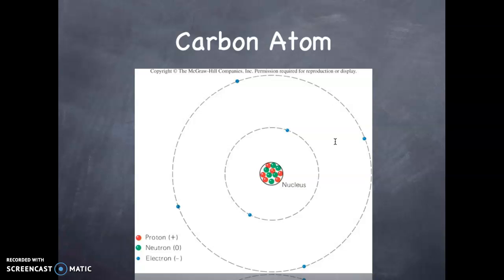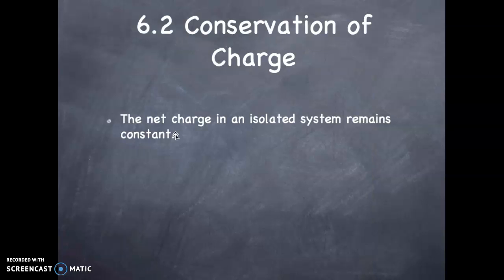So here's the notion of a carbon atom. It is thought to have 6 protons, illustrated here in red. About the nucleus, there are 2 electrons close in and 4 in the outermost shell. That's the rendition of the carbon atom.